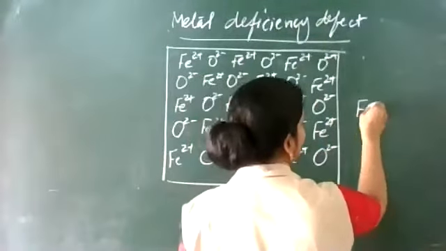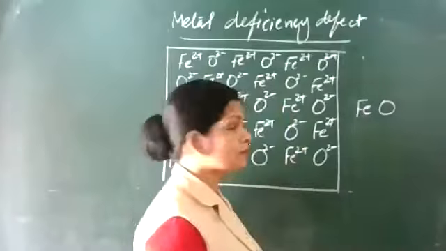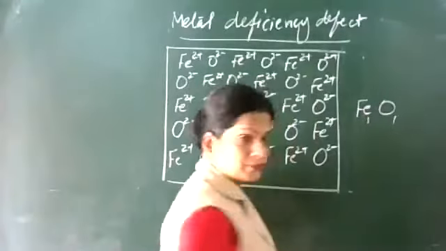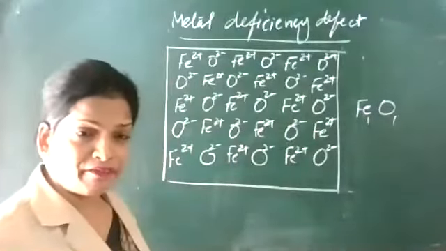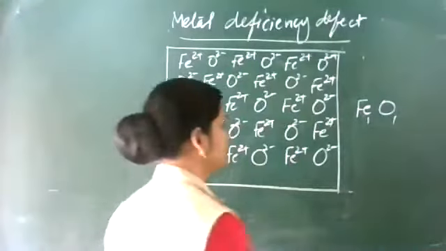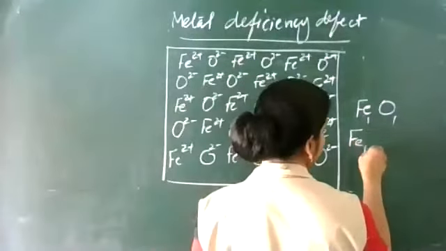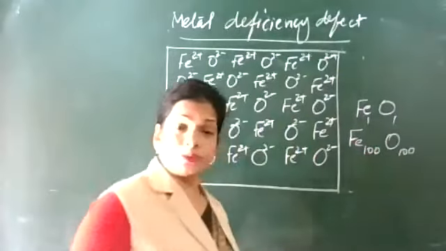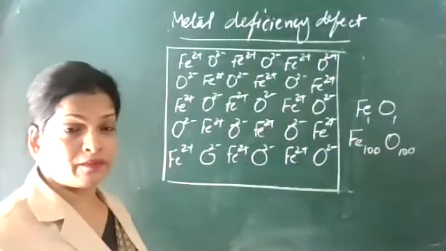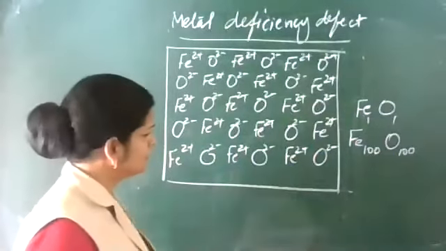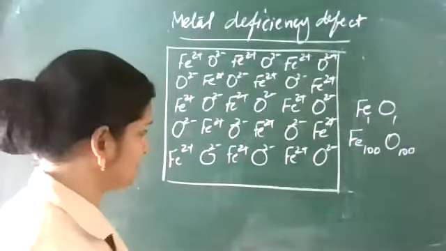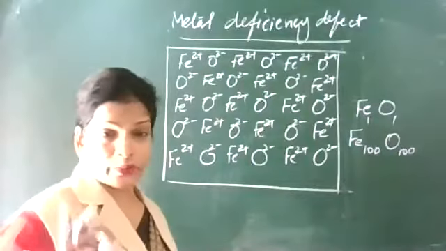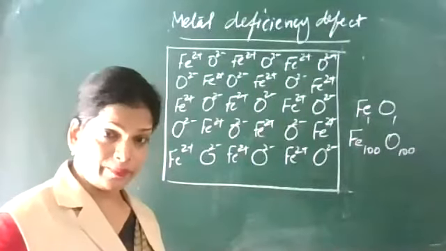For one Fe, one O. If there are 100 Fe, there will be 100 O. If there are 200 Fe2 plus, there will be 200 oxide ions. From this, I'm not going to add any impurity, Fe only.